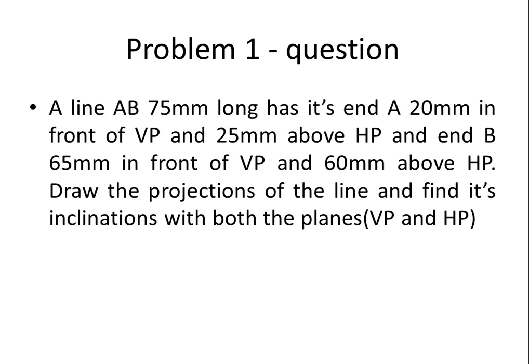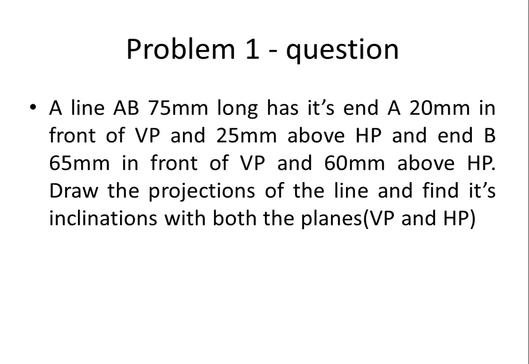We'll be using this very frequently, especially in the line rotation technique, where normally you start with the true length. Provided the true length is given, you start drawing the true length, then you project it down to the next view, so that it becomes a horizontal line.